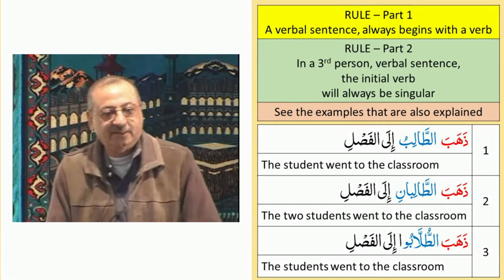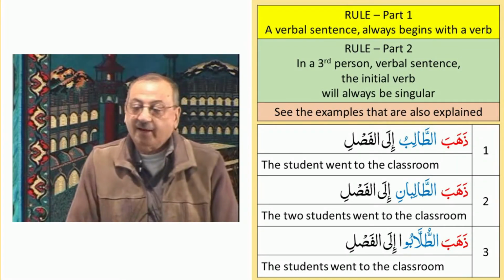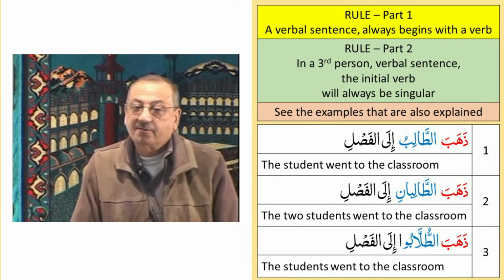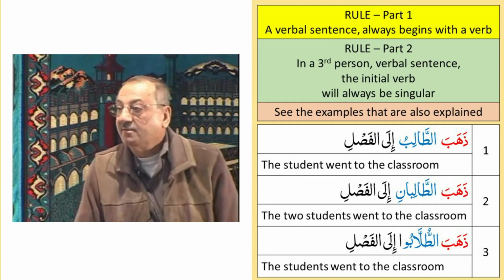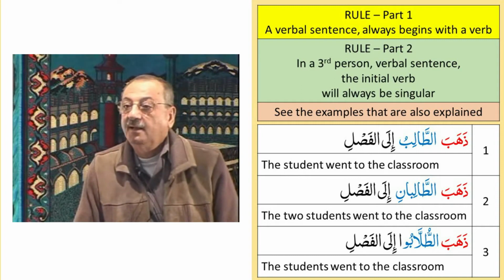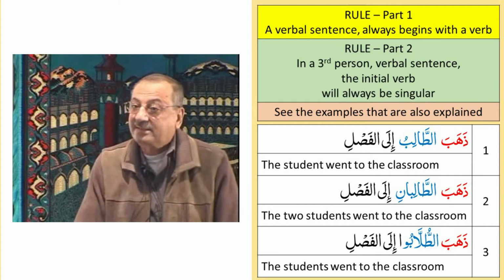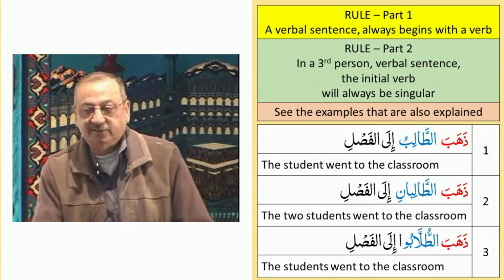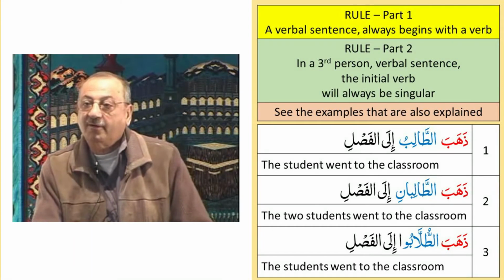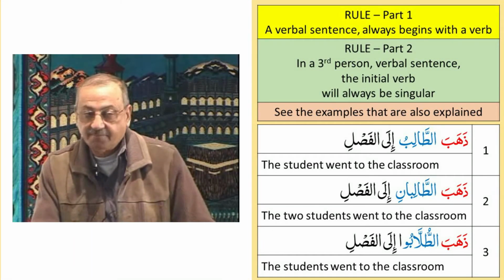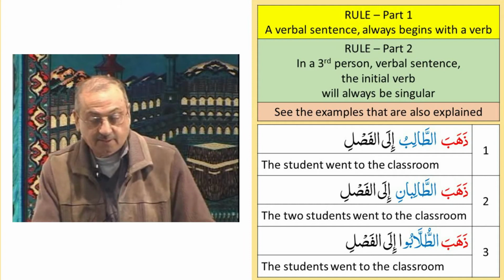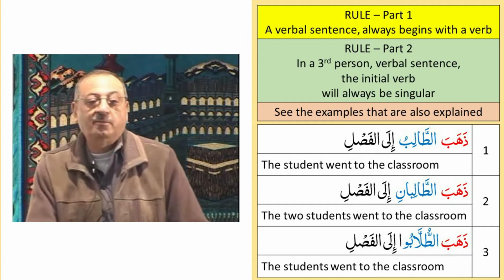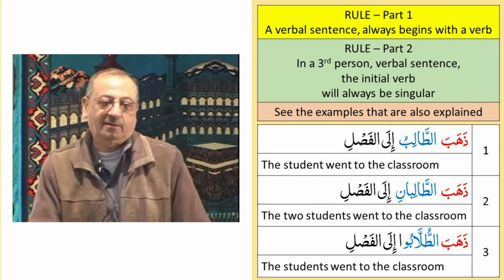These are third person. Okay, and all of them have verb forms: zahaba, zahaba, zahabu, zahabat, zahabata, zahabna. But if you start a fresh sentence, and if the fa'il is third person, huwa, huma, hum, hiya, huma, hunna, then the verb is always singular.